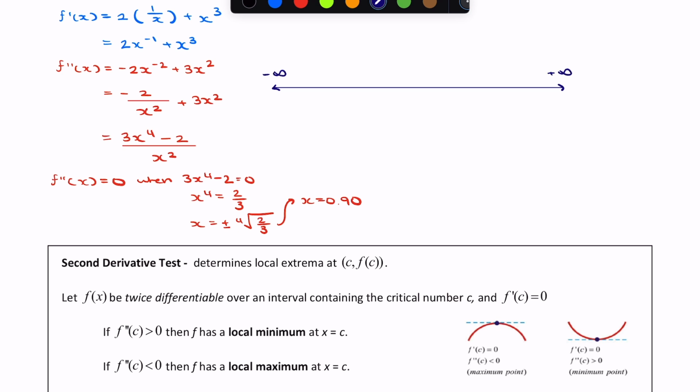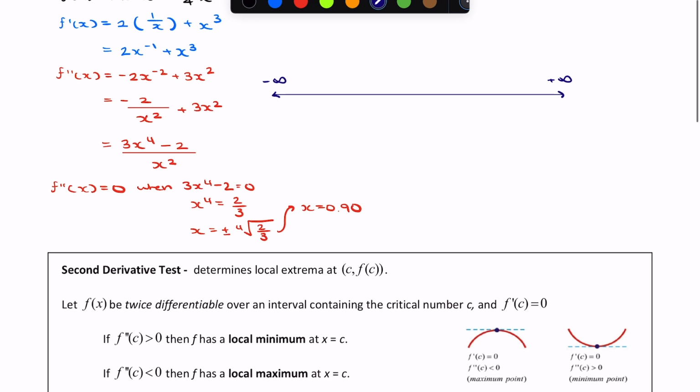Again, some people might choose to use a chart here. Either way is fine. So from negative infinity to negative fourth root 2 over 3, negative fourth root 2 over 3 to 0, then 0 to fourth root 2 over 3.